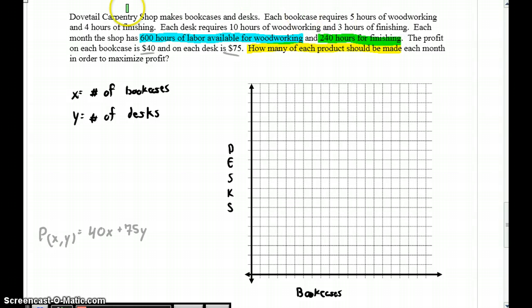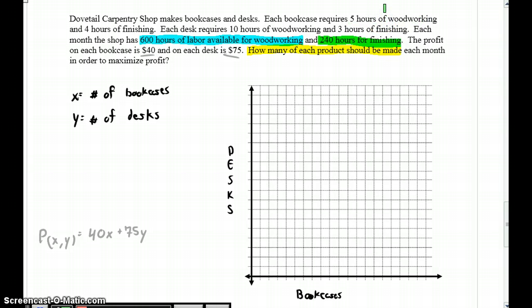for finishing. So let's see, bookcases are 5 hours of woodworking, and desks are 10 hours of woodworking. So 5 hours for each bookcase plus 10 hours for each desk has got to be less than or equal to 600 hours altogether.